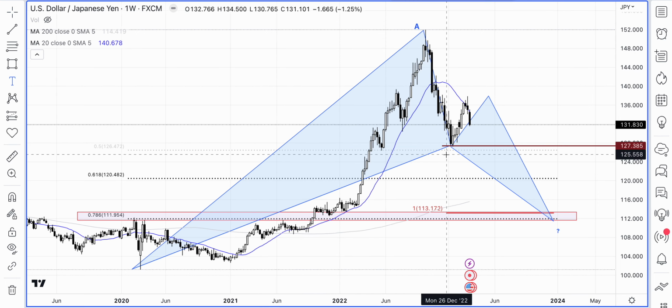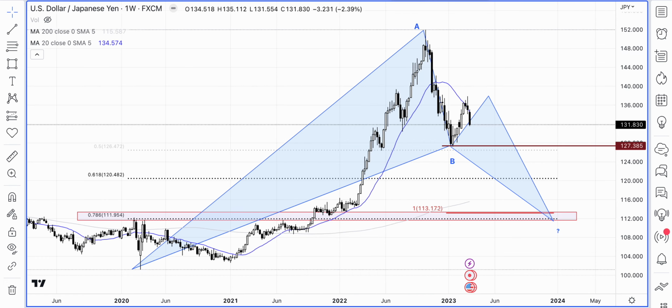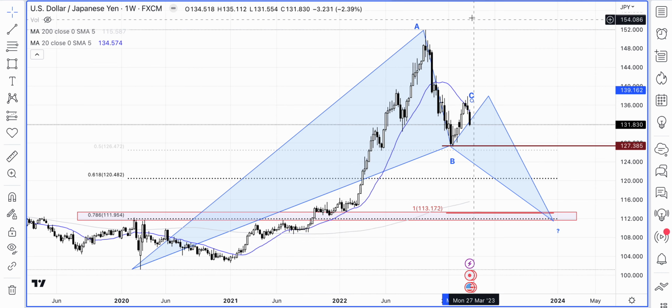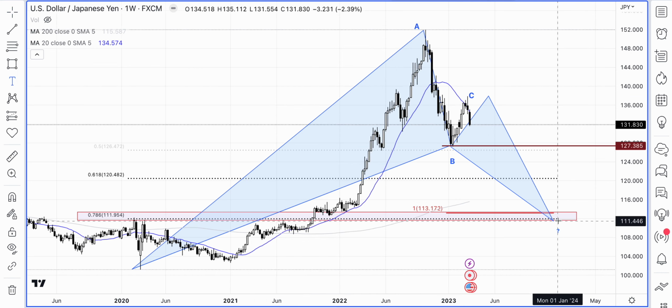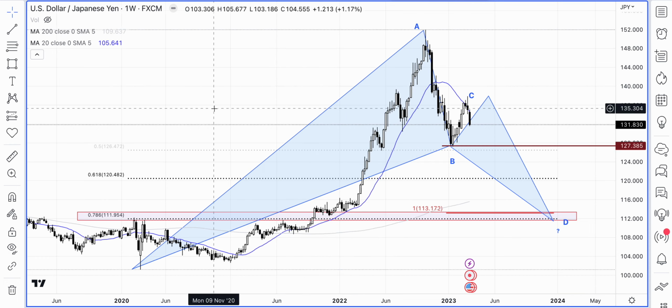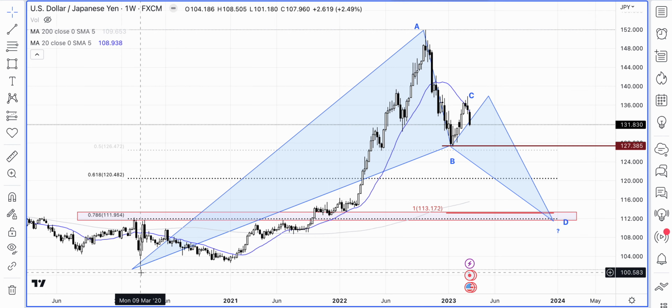Then we have this point as our point B, and then we have this C. Then a one-to-one projection takes us to the D point here, and this D point is in confluence with the 78.6% Fibonacci retracement right from the 9th of March 2020 lows. So, you know, when the COVID crisis was, the COVID low, in fact.